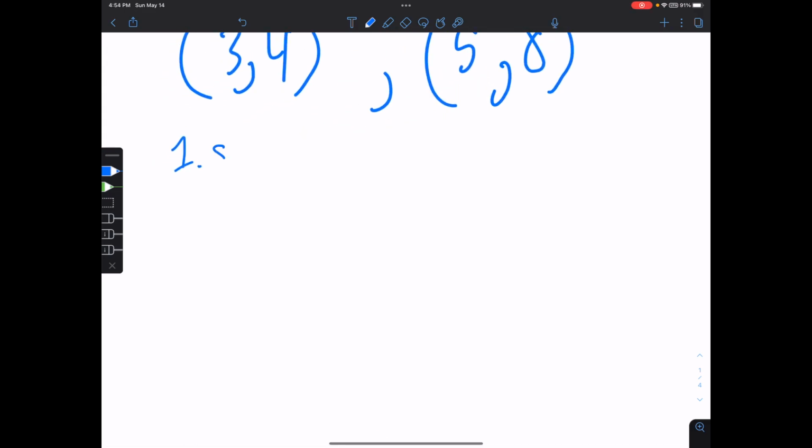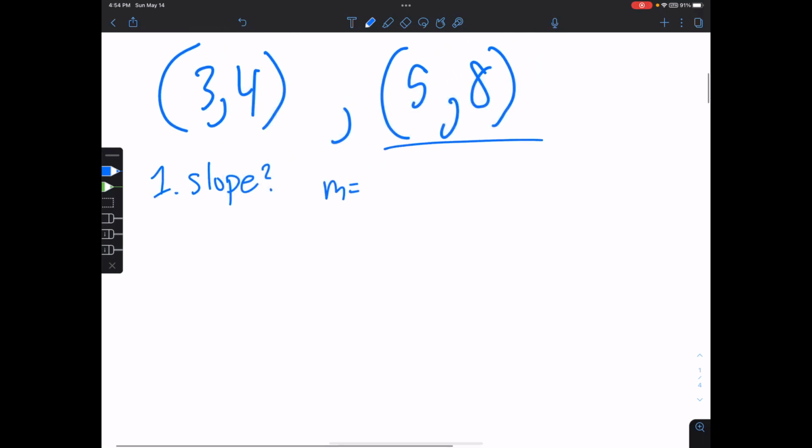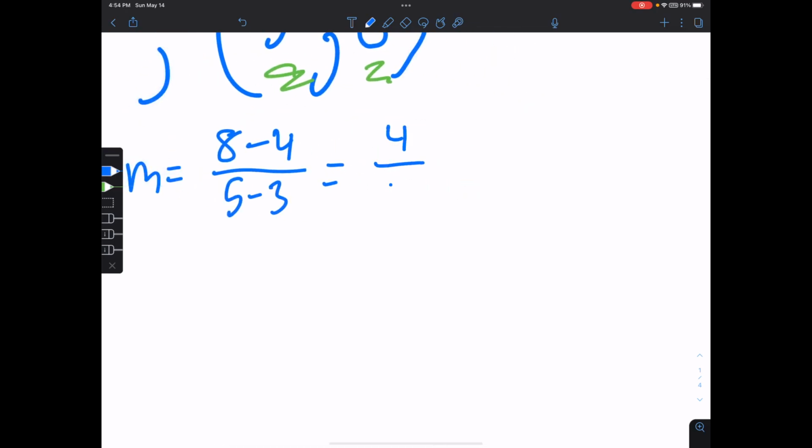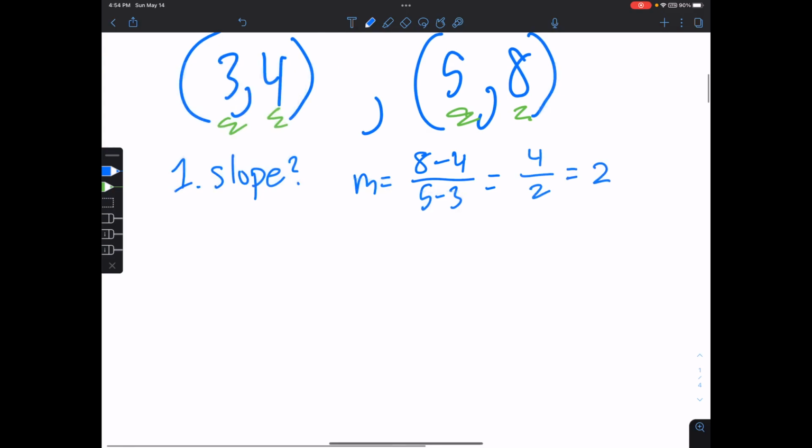We know the slope formula is equal to, I'm going to do this point first, as it's going to be bigger, 8, which is the y coordinate, minus 4, which is the y coordinate of the other one, over the x coordinates, 5 minus 3. The top becomes 4, and the bottom becomes 2. And so we know that our slope is 2.